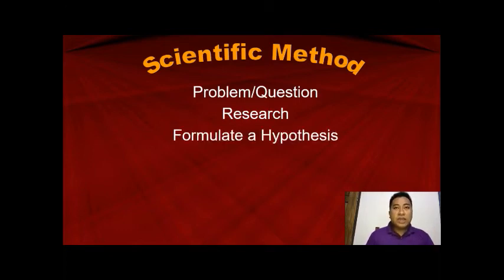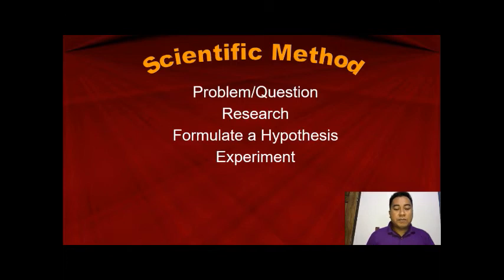Then formulate a hypothesis. You are going to predict what is going to happen for you to have a view of what you are trying to point out, or what you are trying to find as the answer to your question.